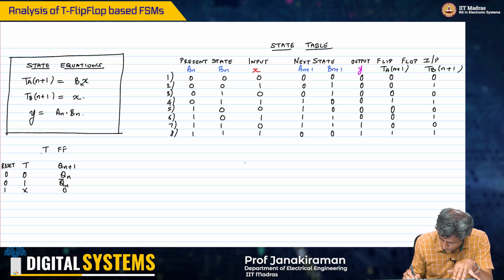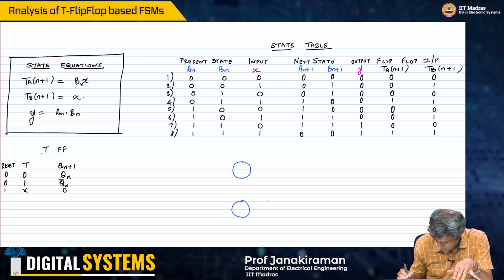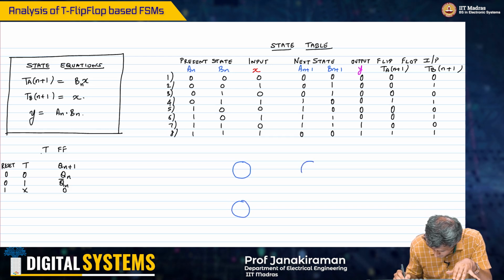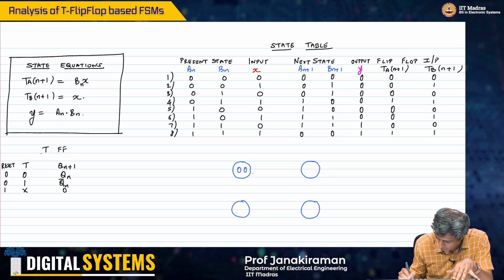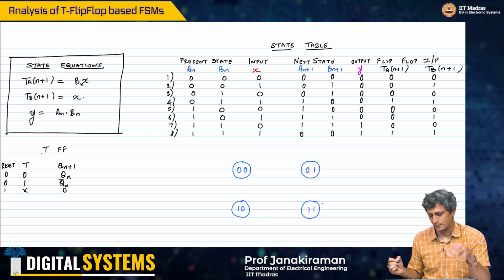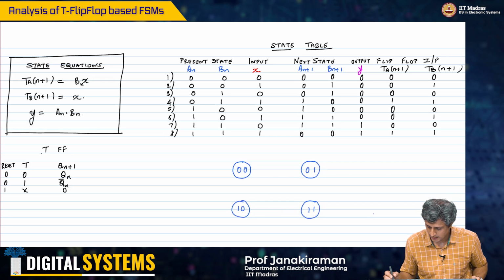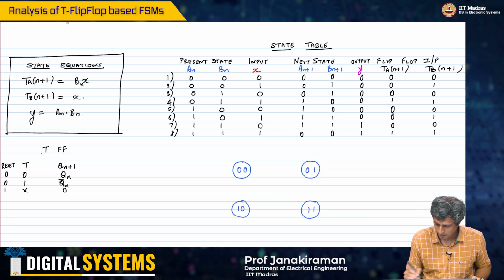Okay, so I have 4 states as usual. 0, 0, 0, 1, 1, 0, 1, 1. Okay, and then the input is going to now come.